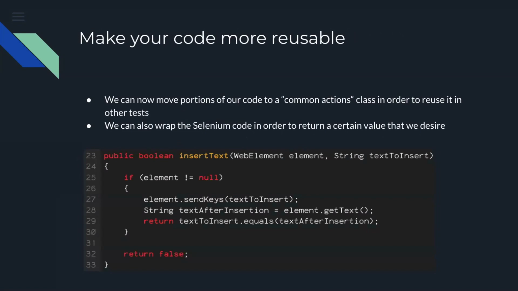The basic send keys of Selenium doesn't return a value if the action was successful or not. What is the success when you insert a text? Let's say that I'm inserting my username to the username field. I want to make sure that this action was successful, so I can read the text from this field and return if the text is matching the text that I initially inserted there. You can also find a lecture about the insert text method linked here.